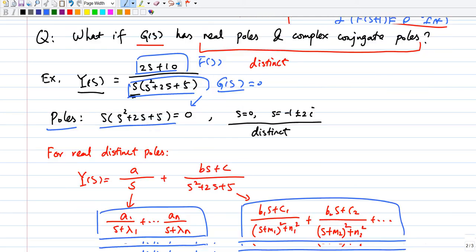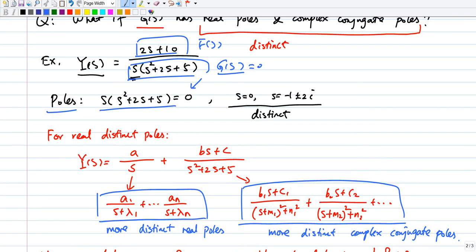Here's how we do it for the real poles. For the real, distinct poles, we can still decouple this one in this way. For the real pole, it is still written as A divided by s. For the complex conjugate poles, we have Bs plus C. So this one is different.